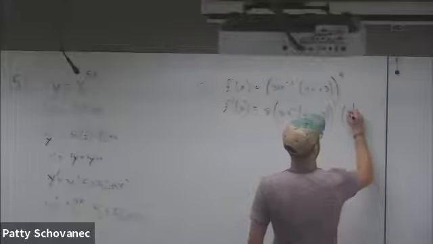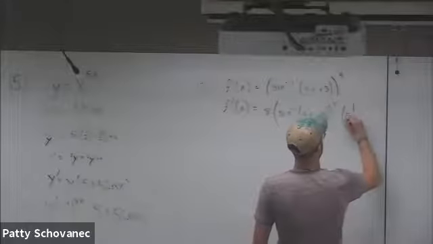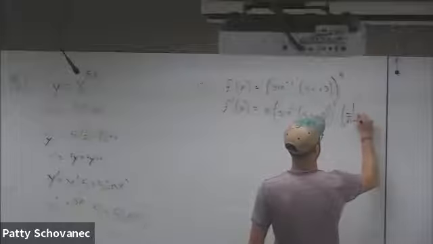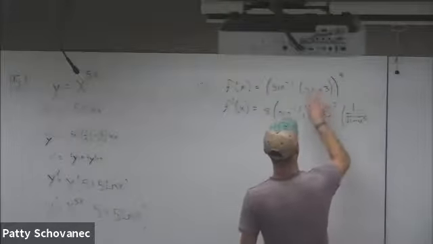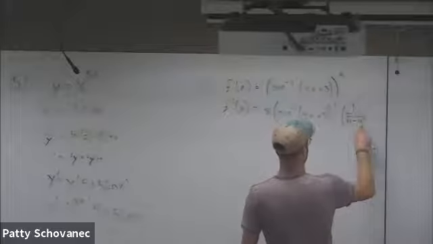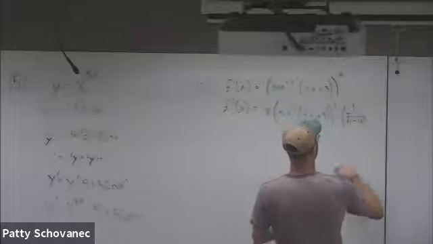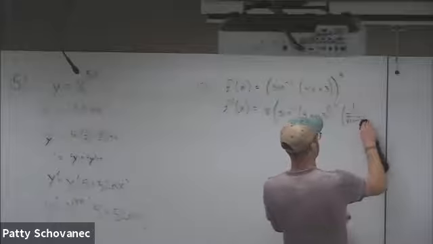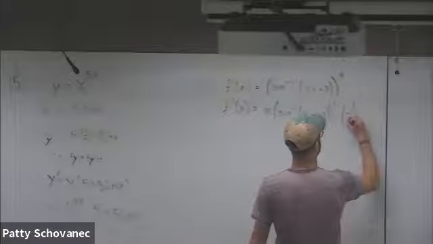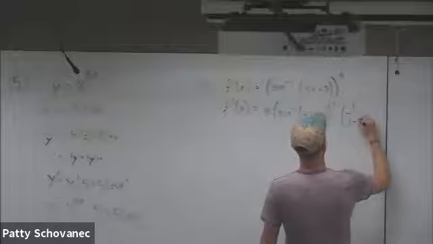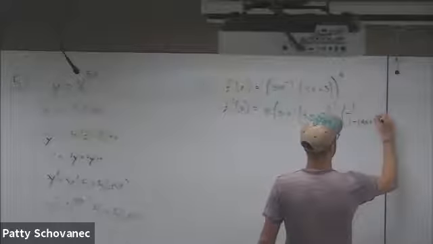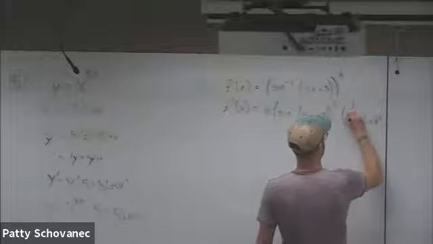What is your u in this case? It is 4x plus 3, so put that right there where your u is. 1 minus (4x plus 3) squared, and that's the square root.